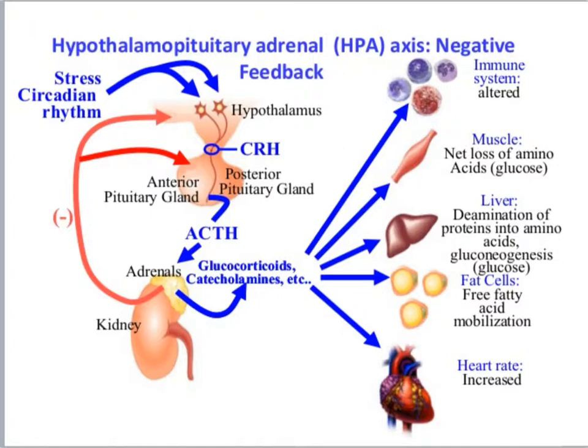CRH travels through the hypophyseal portal system to the anterior pituitary. And in the anterior pituitary, it stimulates the secretion of ACTH, adrenocorticotropic hormone.